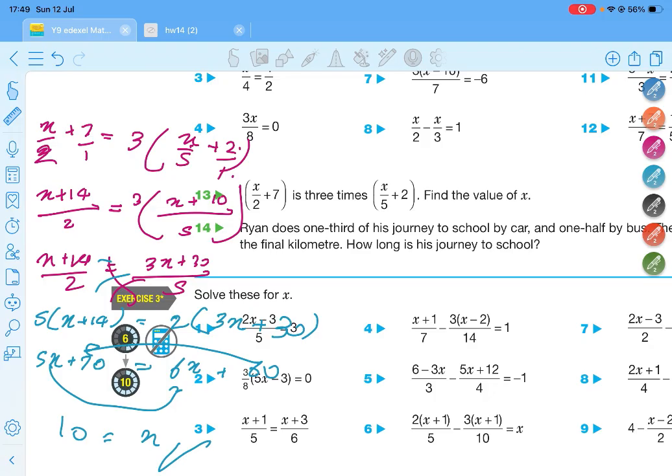Understand step by step what happened here. During the examination, you have to do this type of question alone. No one comes to help you.